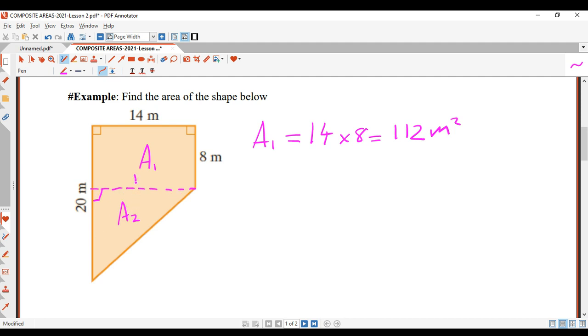Now, A2 is the base times the height. Now, the base will be 14, and the height, let's just use a highlighter tool for this. The height is just this bit here. Okay, that's the height there. So we need to work out this distance.